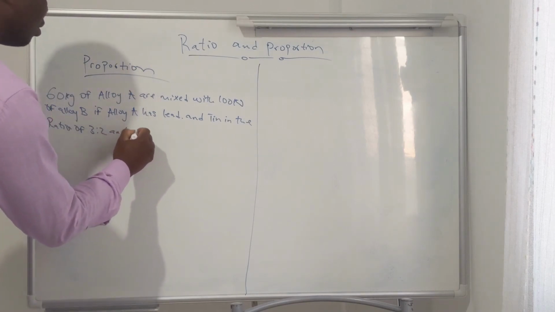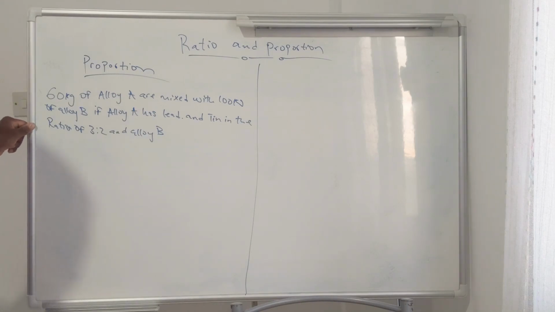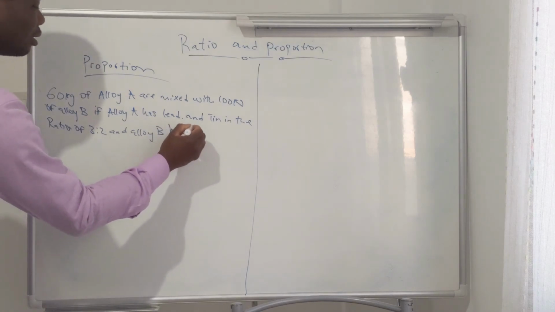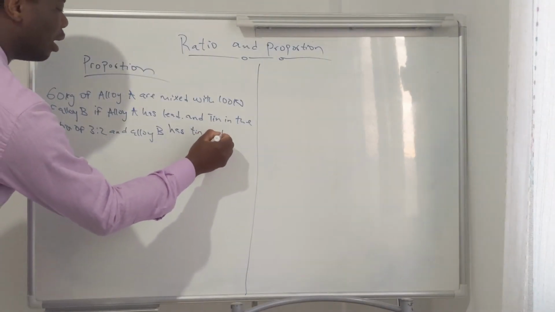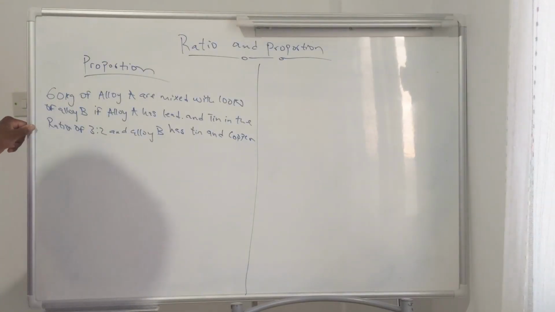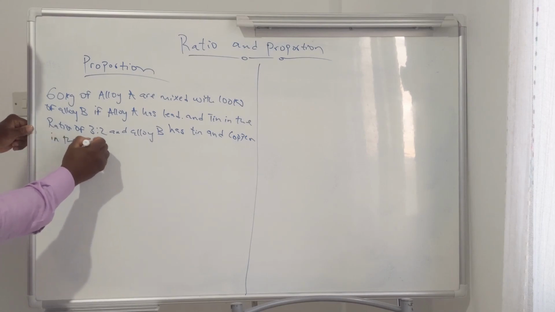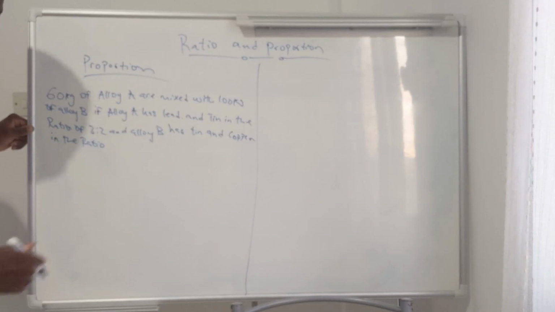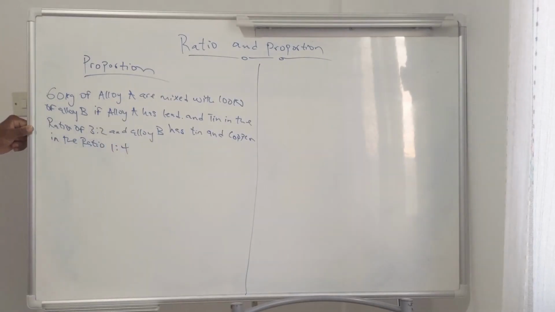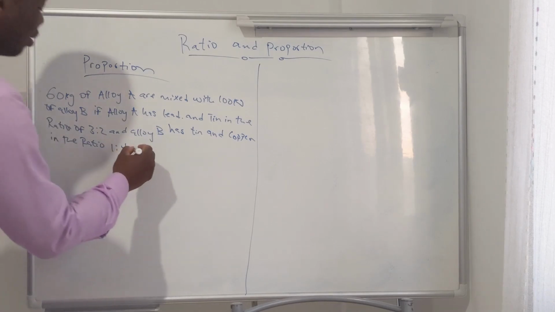Find how much lead, tin, and copper are present in the new alloy.